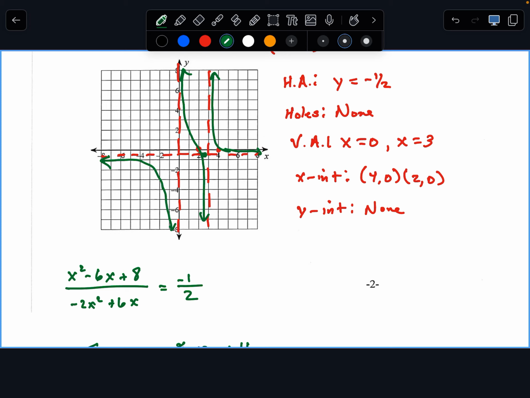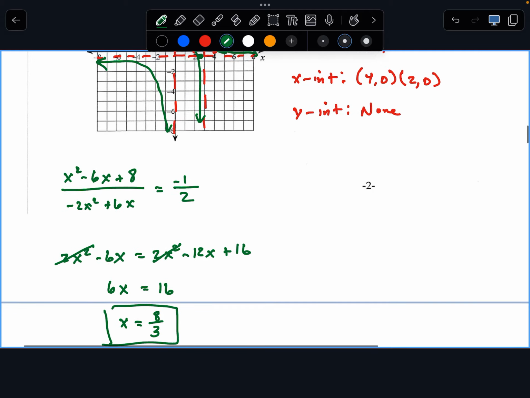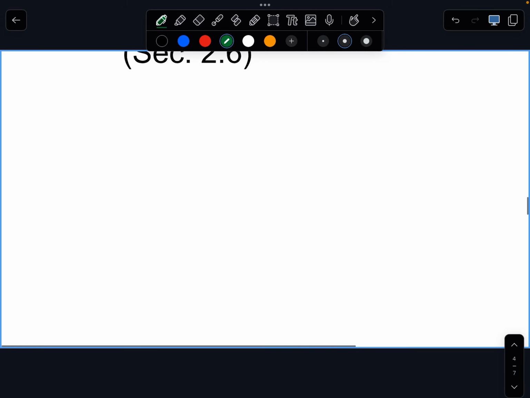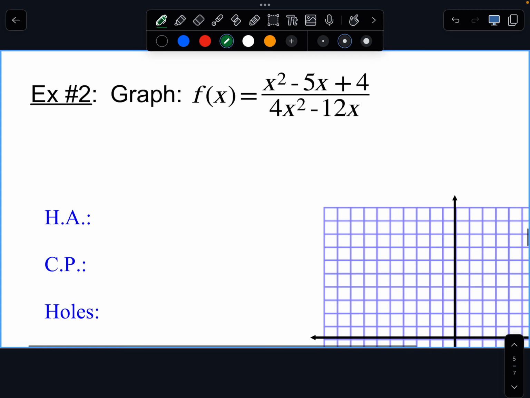Here's what I want you to do then. Let's go to your notes, because I do want to do one more problem together, just to kind of drive it home and go through it again, make sure we're understanding. And then I'll give you a chance to practice and see what you come up with. So let me give you this. Here is your other problem that we'll take a look at.